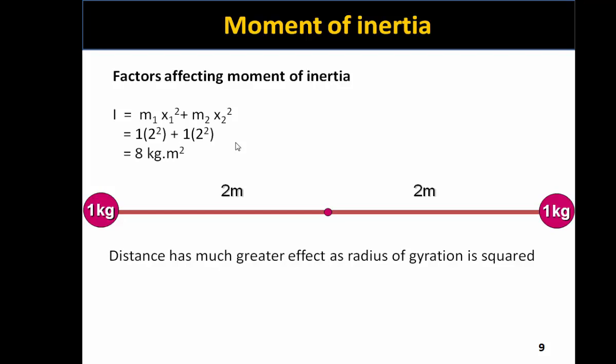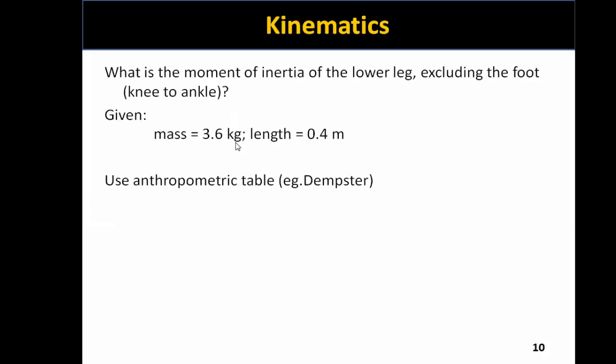So the major message from these three examples is that the distance at which the point mass is located, and how the mass of a rotating system is distributed, has a greater effect on the resistance to rotation than the mass.